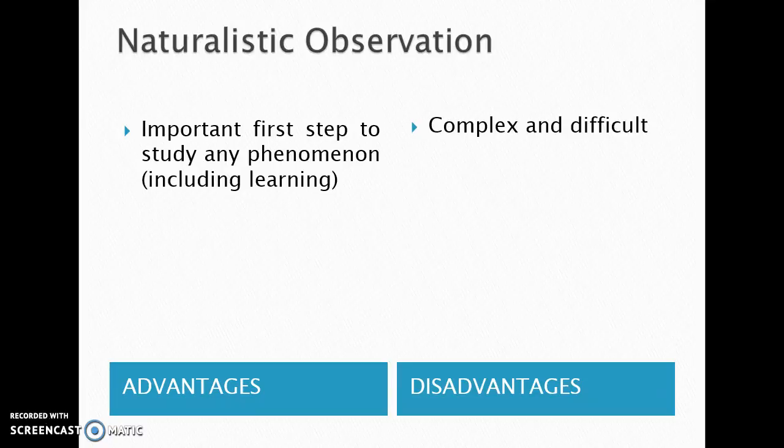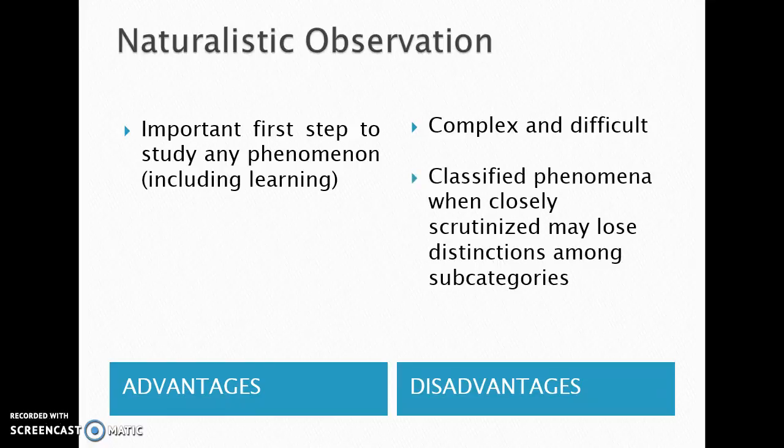You may miss something. So as much as it would be nice to see a baby in its natural setting, to understand any phenomenon in its natural setting can be quite complex, because you cannot manipulate and put yourself in the position that you want to yield the best results or answers, right?